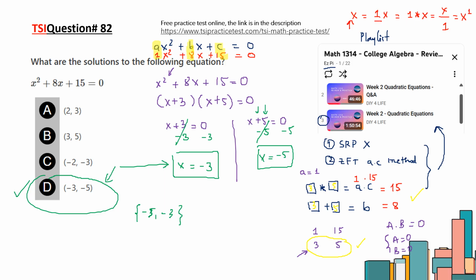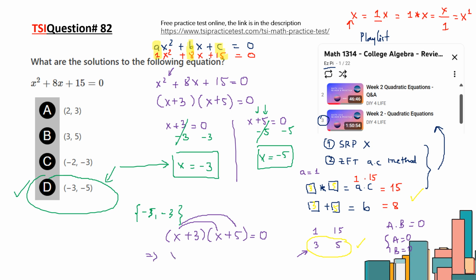One more thing: sometimes we have errors in between. When you find these factors, you should check yourself again by distributing and seeing if it goes back to the original question.